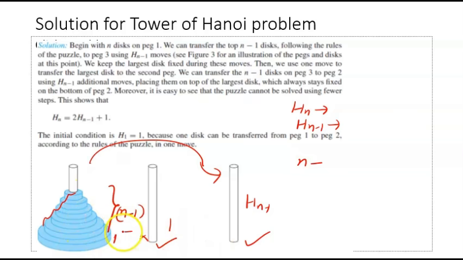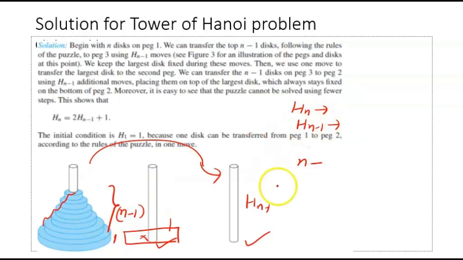Now the largest disk is already available over here. So we are going to move these n minus 1 disks over this largest disk in how many steps? Again Hn minus 1 steps.